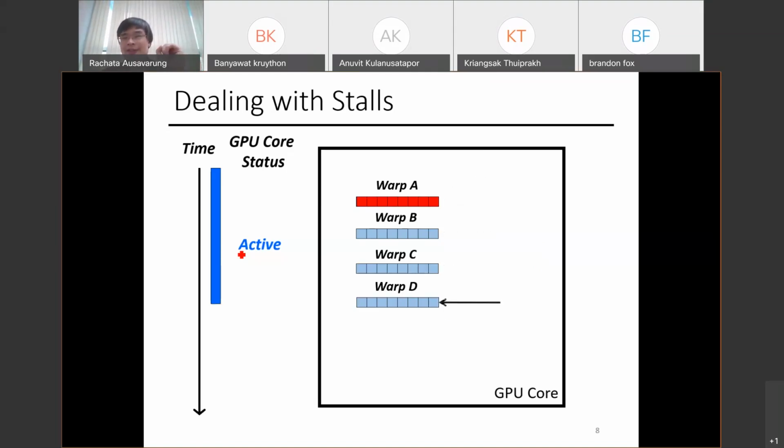And at some point, let's assume that you have a bunch of load instructions on all the warps. What you end up doing is you now issue 32 different loads. The GPU core says, okay, I ran out of things to run. Nothing can be pushed on the pipeline. I'm going to stall until some of the data comes back. Now I can become active and run something again, right?